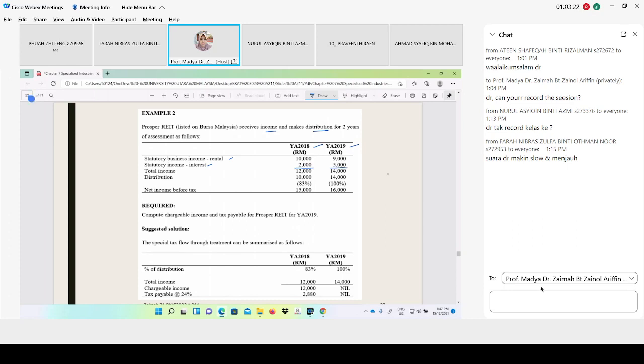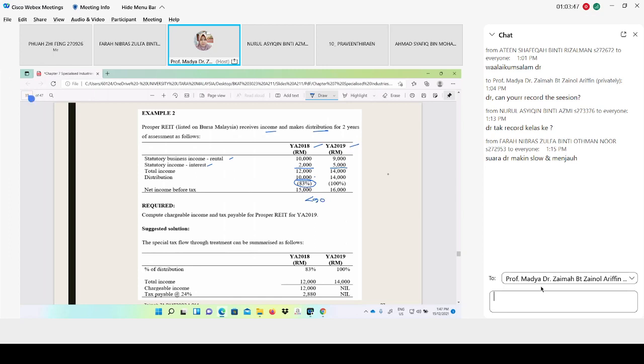Okay, and then in 2018, from 12,000 total income, this REIT distribute the amount to the unit holder, that is 10,000. So 10,000 divided by 12,000, the rate is 83%.